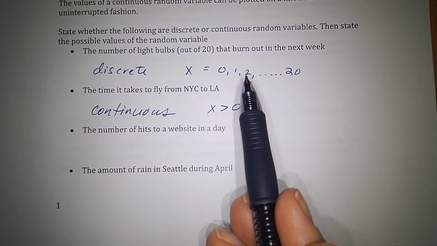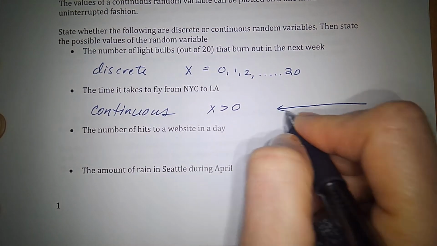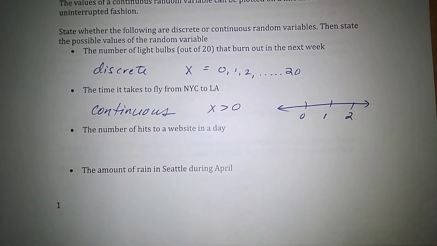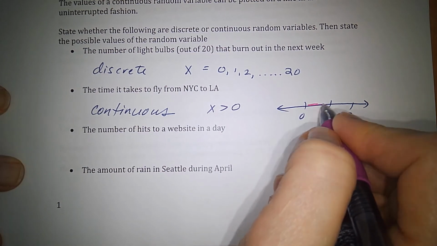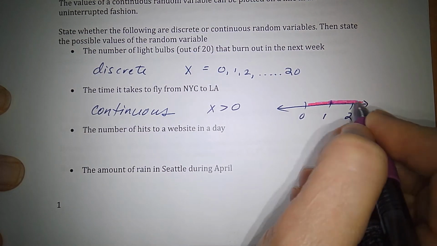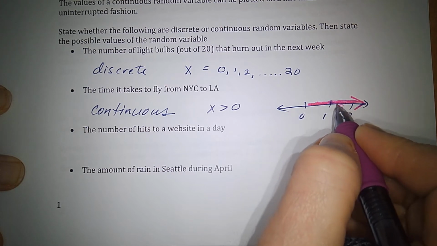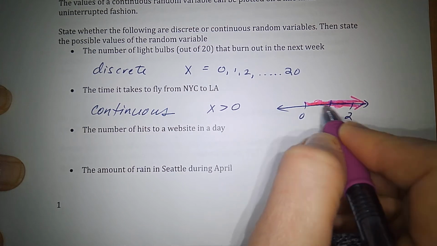And I can have any value in between that time. So if I were to be looking at a number line, 1 hour, 2 hours, and so on, the time that it takes to fly between New York City and LA can be any time in between any of those values. They're not specific points on a graph. It's an interval in between all of those points.